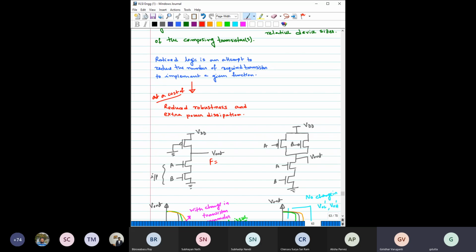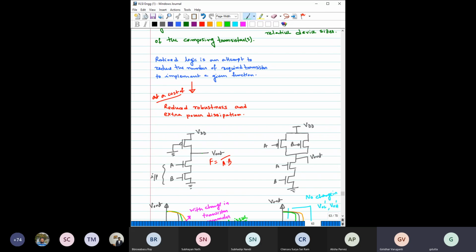Now the only difference is that I am using multi-input. So please tell me, what is this? AB bar. Do others agree with Alisha? Yes, sir. Yes, it is AB bar.